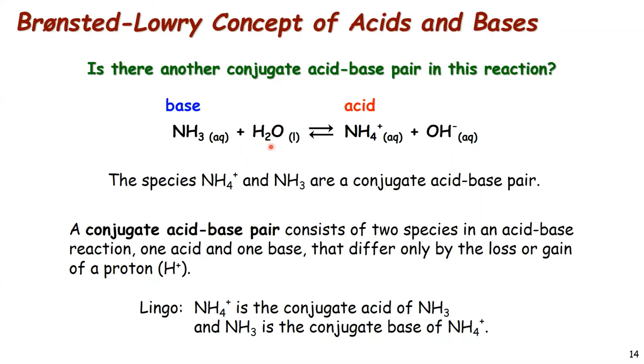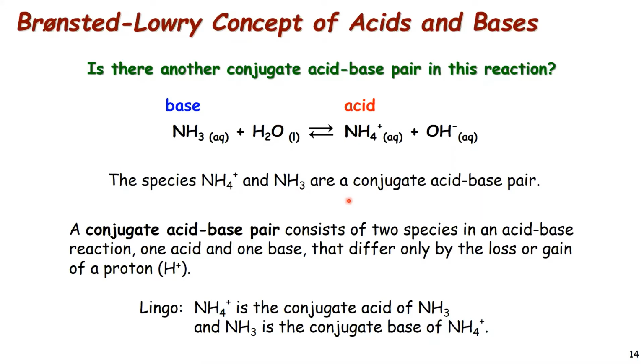Is water the acid or the base? The acid. Yeah, it's the acid, right? It has one more H than the base does, right? Again, that's the only difference between a conjugate acid-base pair, H plus. So when I add H plus to the base, I get H2, and then the plus and the minus cancel, which gives us the neutral water molecule. So yeah, there's our other acid-base conjugate pair.